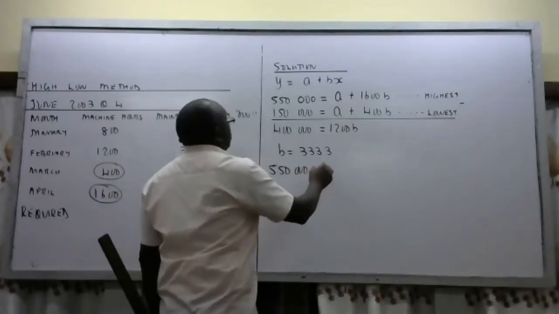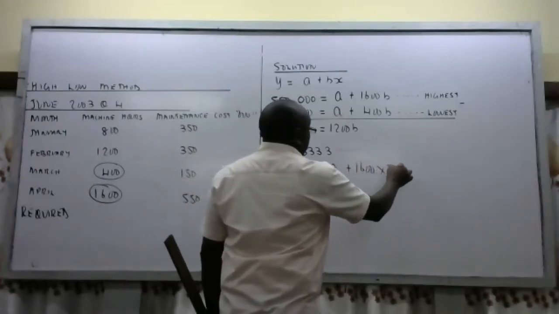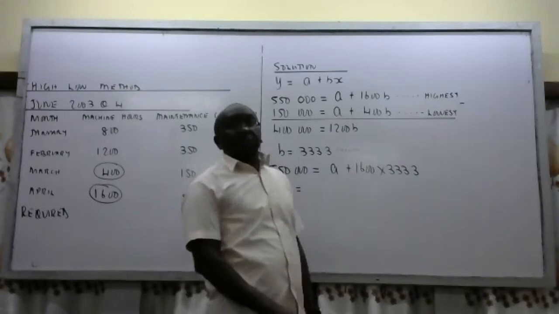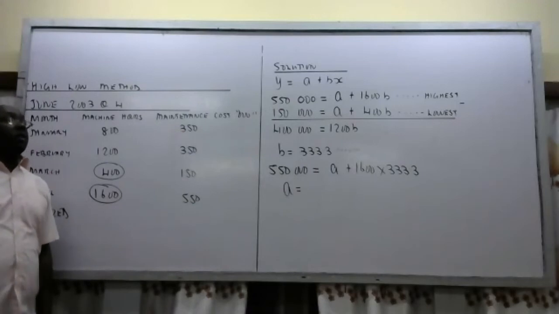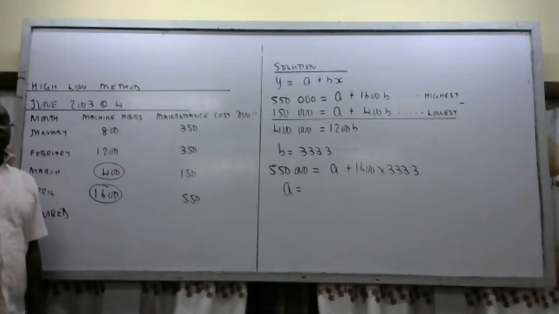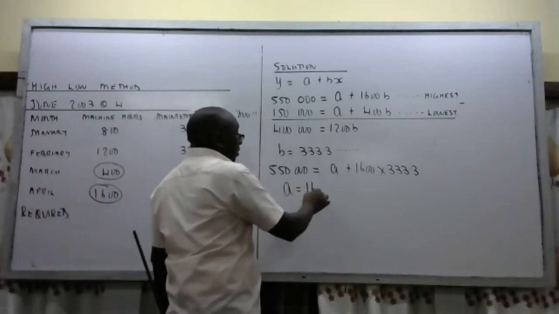Come here and say 550,000 is equal to A plus 1600 times 333.3. So give me A. Based on that, give me $16,000.